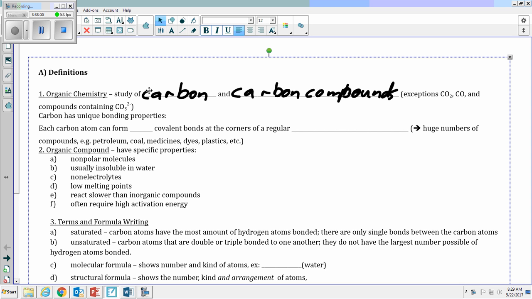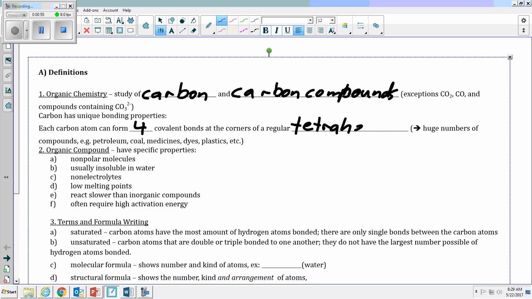Carbon has very unique bonding properties in the fact that with 4 valence electrons, it can form 4 covalent bonds at the corners of a regular tetrahedron. Which means that it cannot just make chains with other carbon atoms.